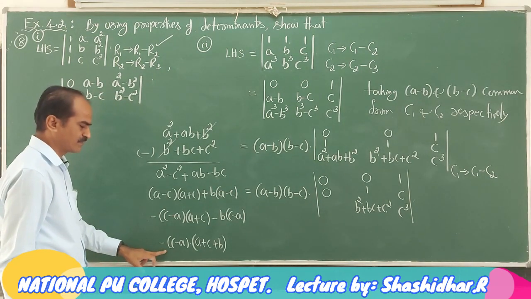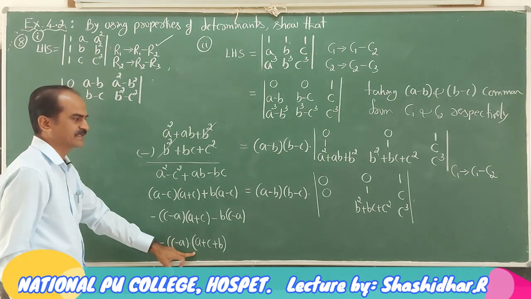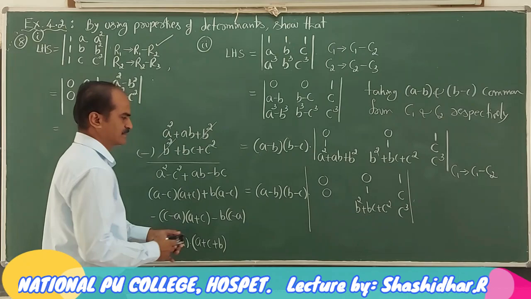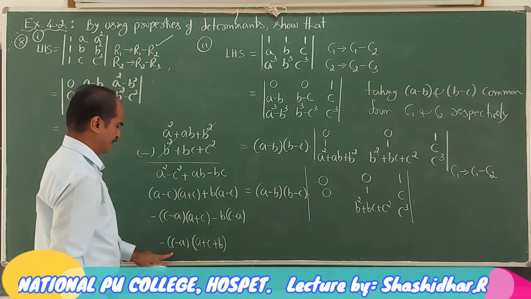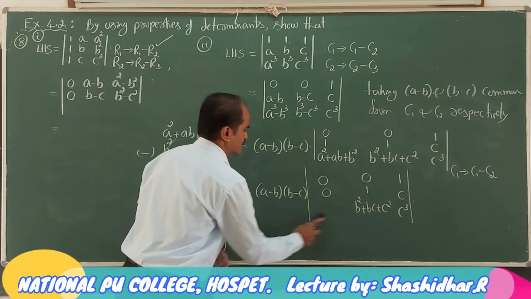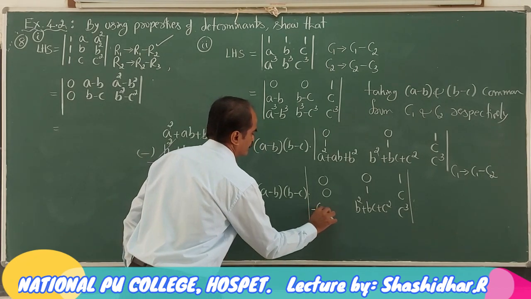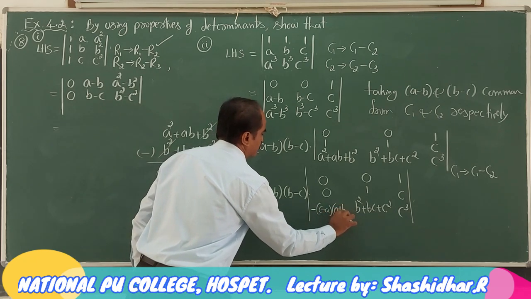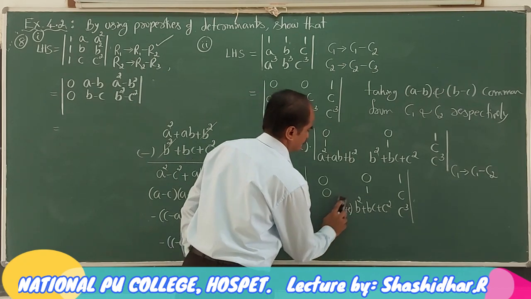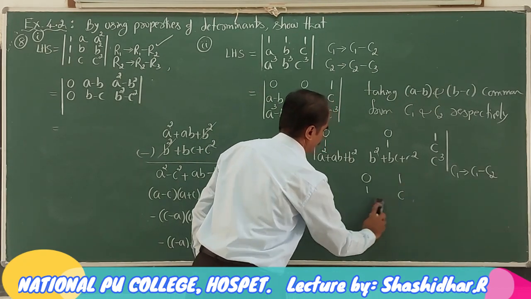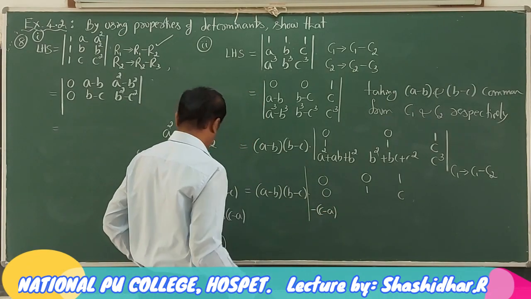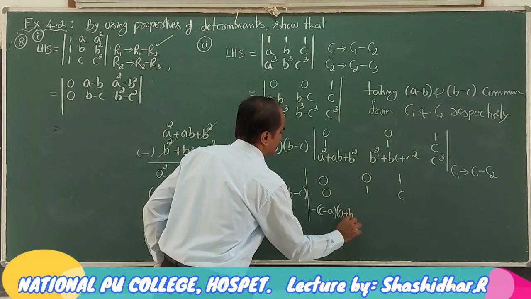It is minus of C minus A into A plus B plus C. I am writing that factor here: minus of C minus A into A plus B plus C.